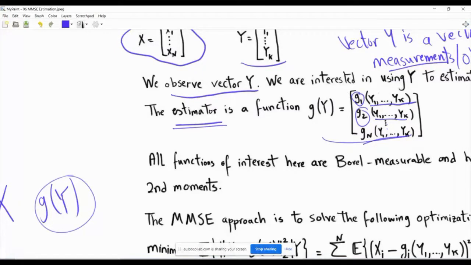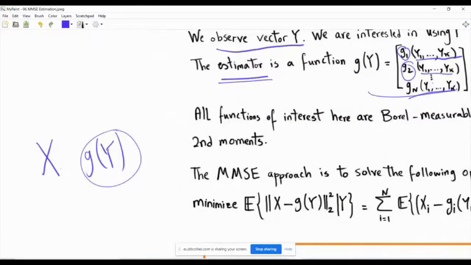Each of them takes the k observations or measurements and gives you a guess regarding random variable x1, random variable x2, and so on. So what is the difference between x and g of y? You can say that this is the error in your guess, the error in your estimation, right? What this thing looks like is a vector.